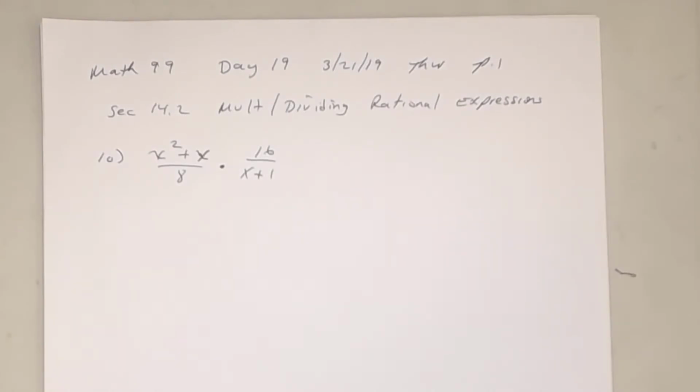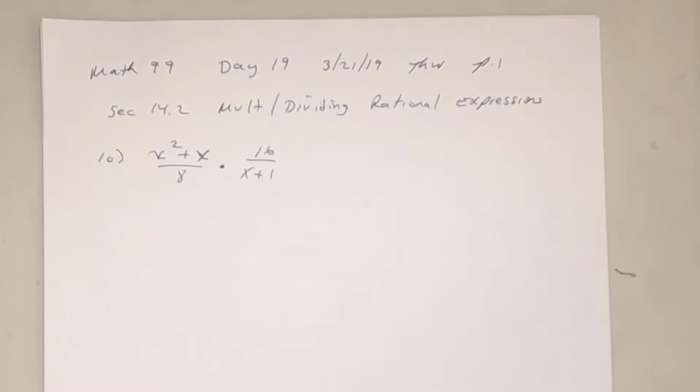Two. Okay, to multiply these rational expressions, and the idea is to simplify as well, step 1 is to factor the numerators and factor the denominators. So if you look at the numerators and the denominators, which ones can I factor? The first numerator.